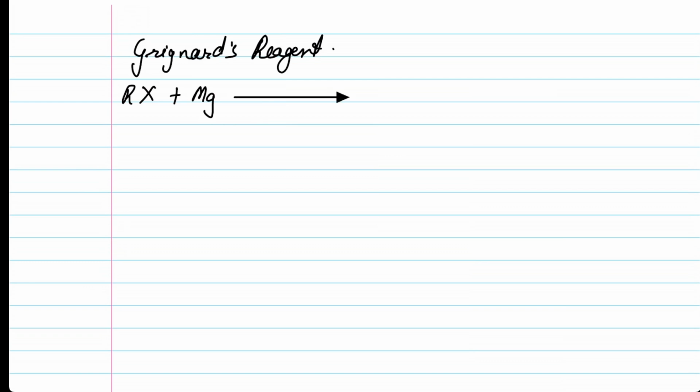Now we get along with an extremely important reaction of alkyl halide, and we get along with the Grignard's reaction and the Grignard's reagent. In the Grignard's reagent, we have an alkyl halide, and we react it with magnesium in presence of dry ether.